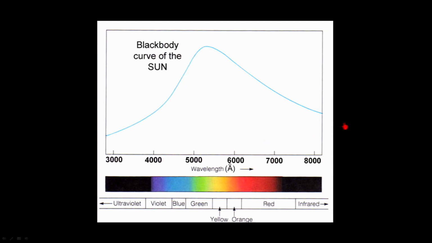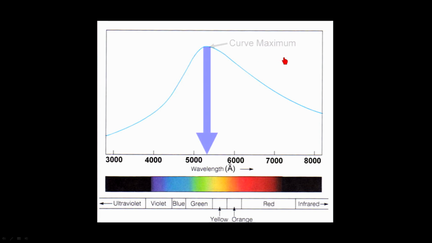Now, what we also want, and here's the part that makes it so we can quantify, is we want to know where this peak is when it comes to wavelength. So we're going to call this the curve maximum. In other words, this part right here is the peak of the blackbody curve. What we're going to then do is drop straight down, because what we want is a number that represents the curve maximum.